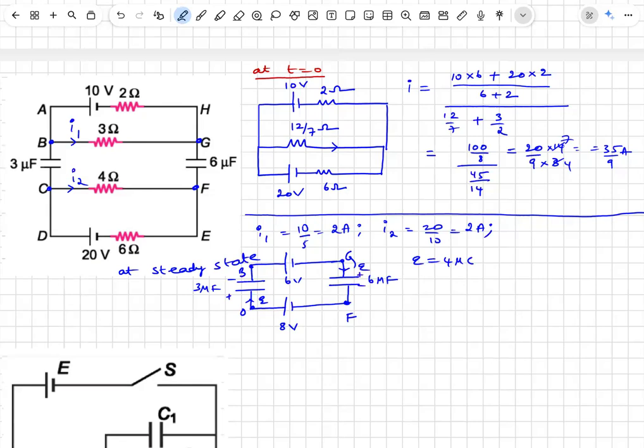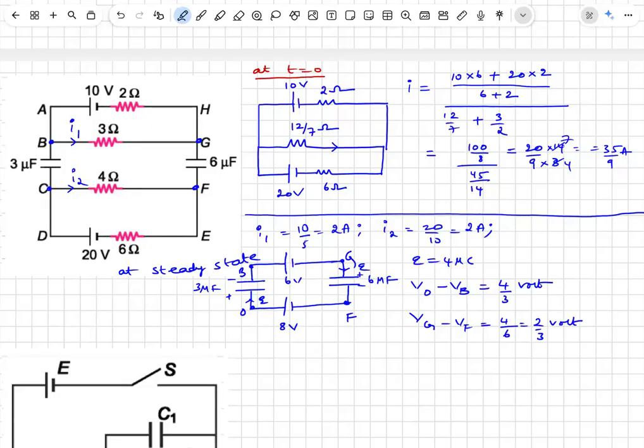So what do you want? A drop across VO minus VP is Q by C, 4 by 3 volt. VG minus VF, the charge is the same, 4 microcoulomb by 6 microfarad, 2 by 3.